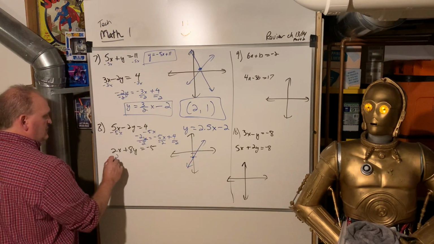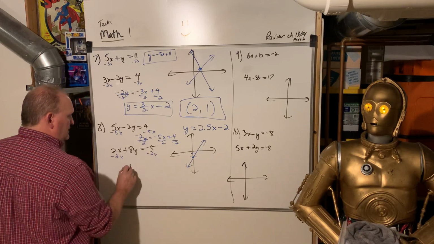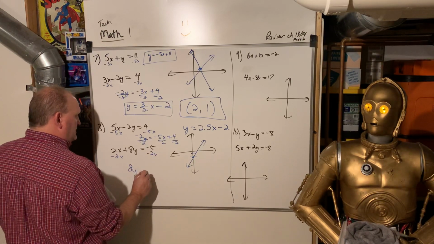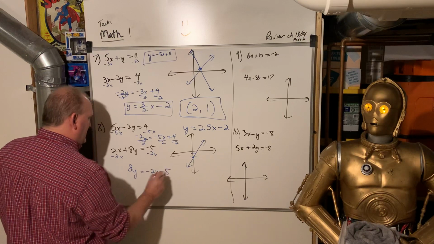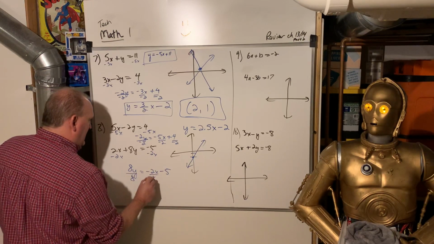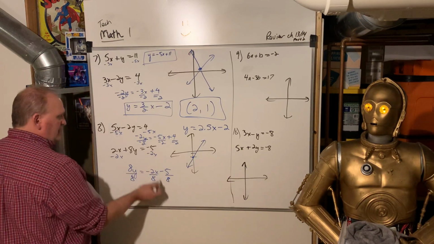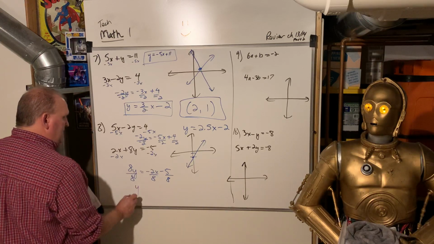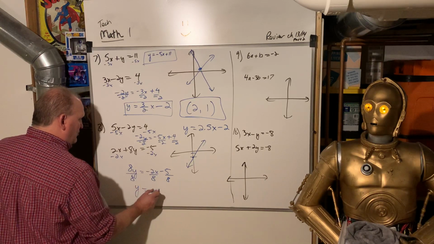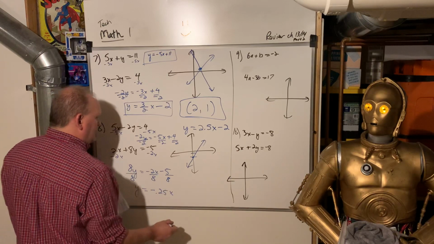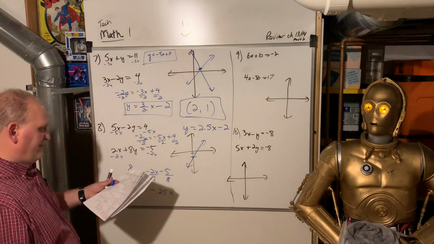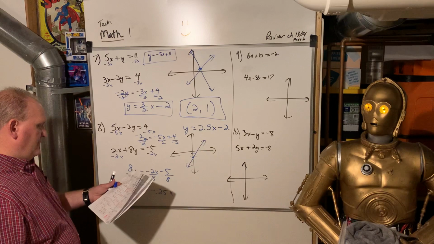This one, you subtract 2x. You have 8y equals negative 2x minus 5. You divide everything by 8. Again, if you want to take negative 2 divided by 8, that'll go in as a negative 0.25x and negative 5/8.